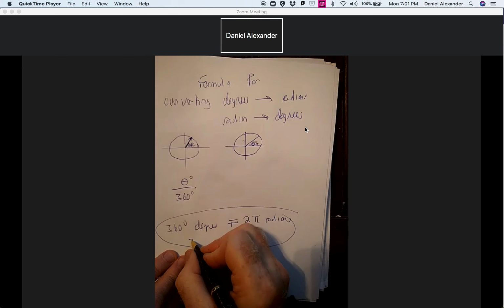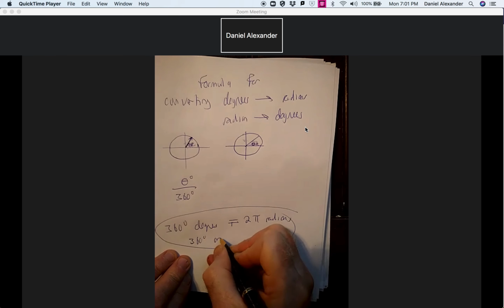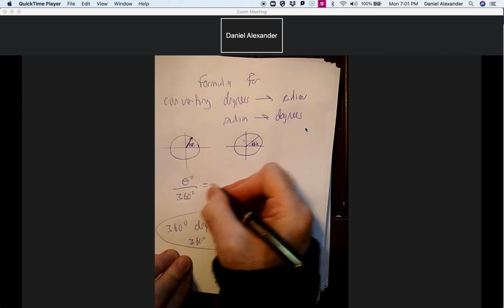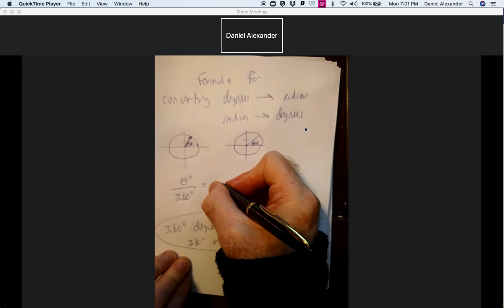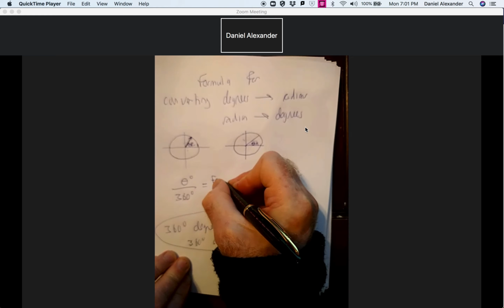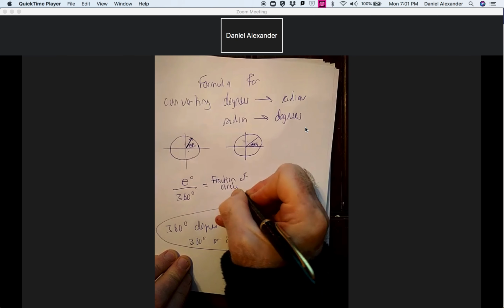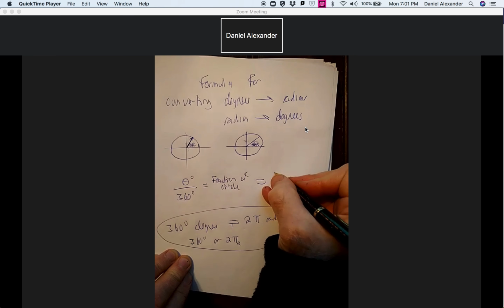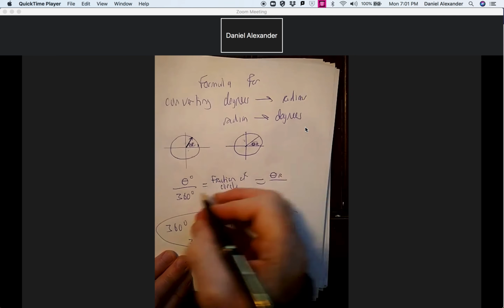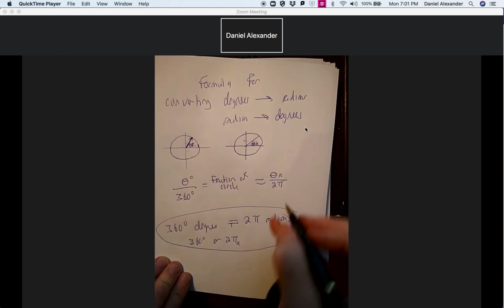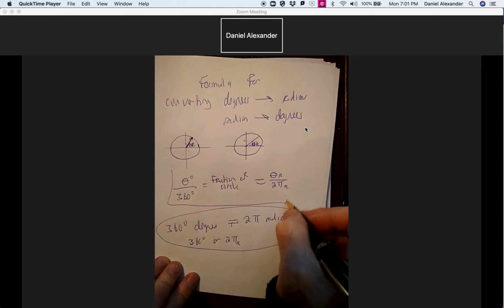A circle has 360 degrees or 2 pi radians. So this is the fraction of the circle of the angle, and that's the same if I measure in radians, as long as instead of 360 degrees I use 2 pi, which is the size of a circle.